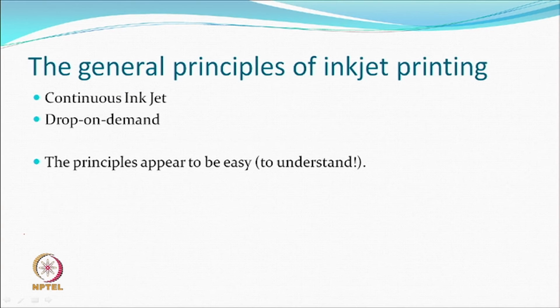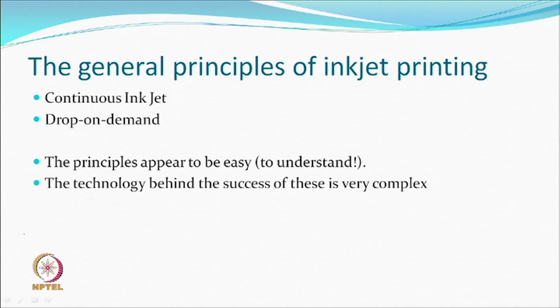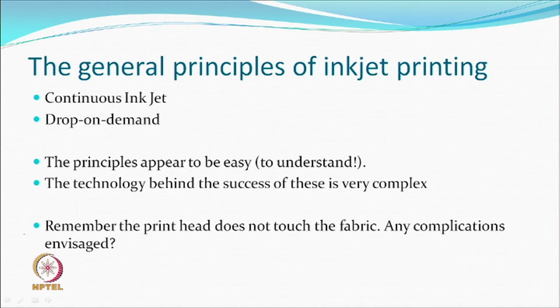The principles appear easy to understand, but getting them done is obviously more complex, and so the cost and the sophistication still are part of this technology. Remember again that the print head does not touch the fabric. Every time it touches, you will have a problem.